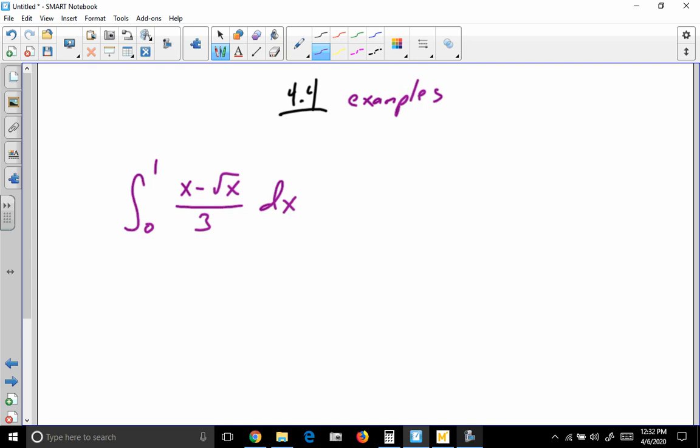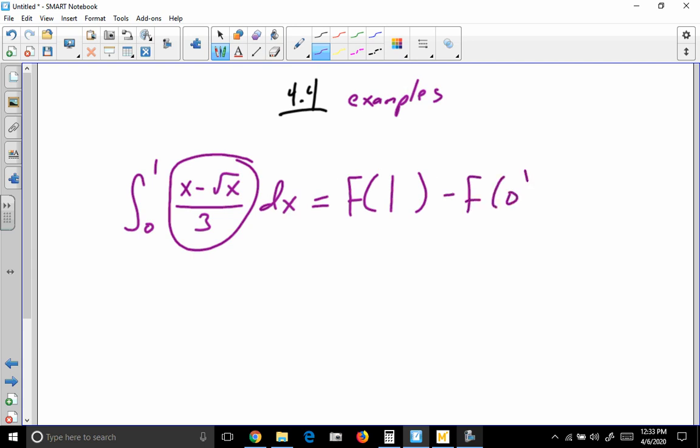And instead of having to do it the long way, if you watched the video, then you should have learned the fundamental theorem of calculus, which says that in order to evaluate this definite integral, we can find the antiderivative of the function, which I'm going to call big F, and evaluate it at the left endpoint and the right endpoint and subtract the difference. So find the antiderivative, evaluate it at 1, evaluate it at 0, and subtract those.